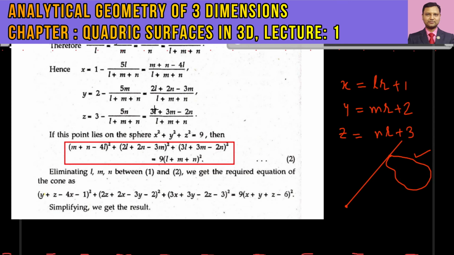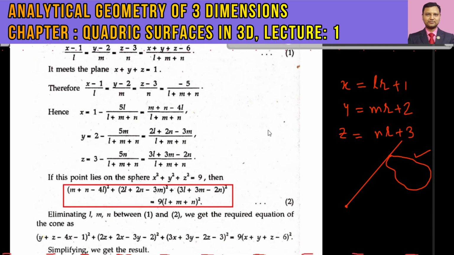What was the equation of the generator? The equation was x minus 1 by l, y minus 2 by m, z minus 3 by n. So over here you will have to eliminate l, m, and n. What to do? You can suppose this is equal to some ratio r or k or whatever you write.